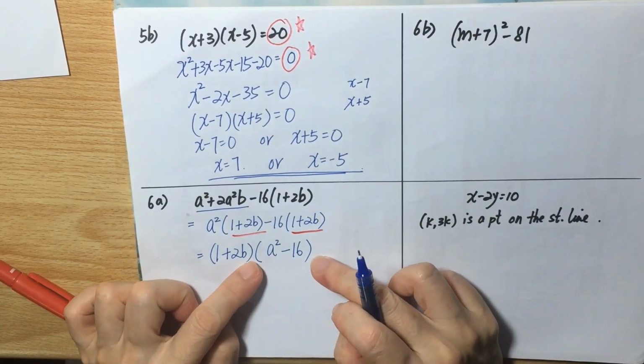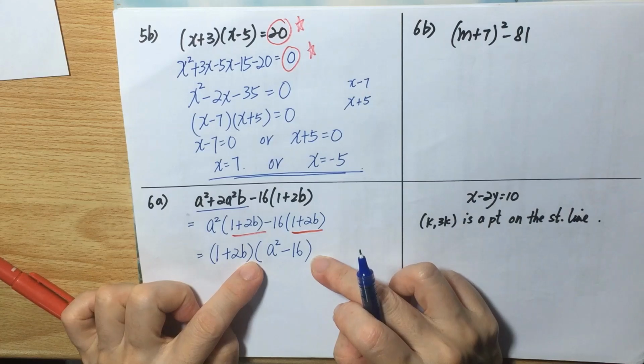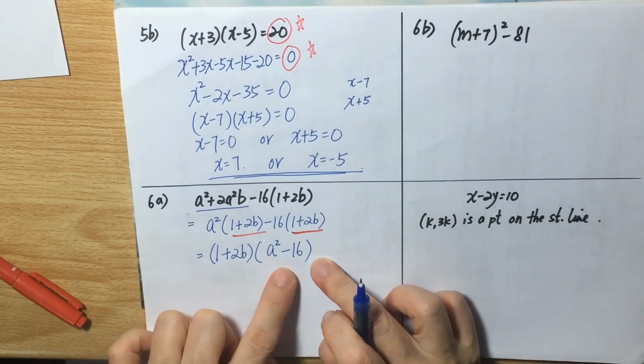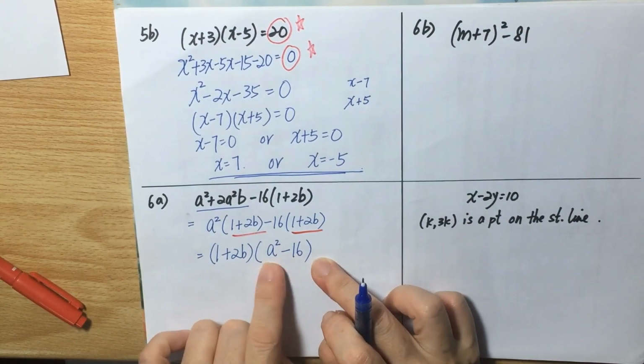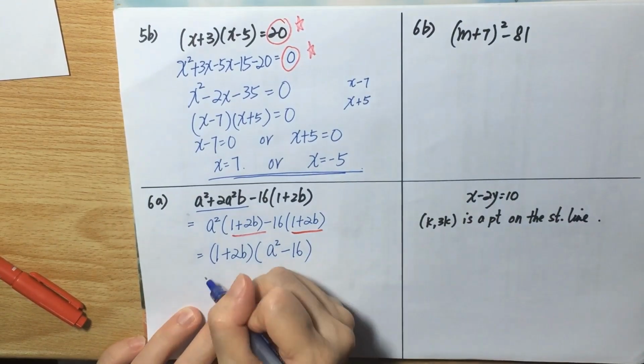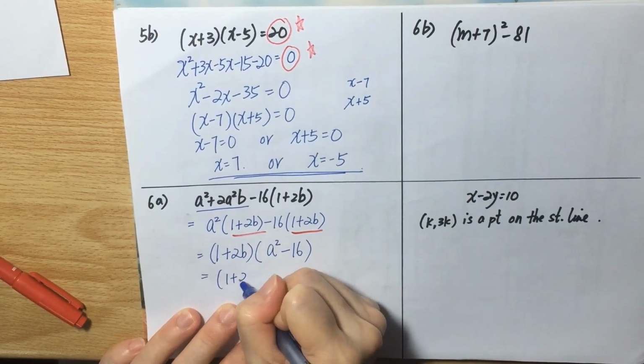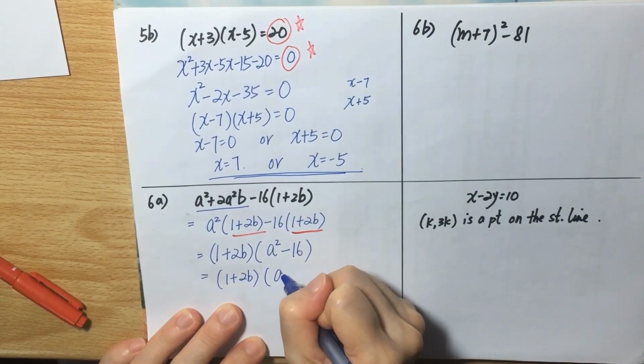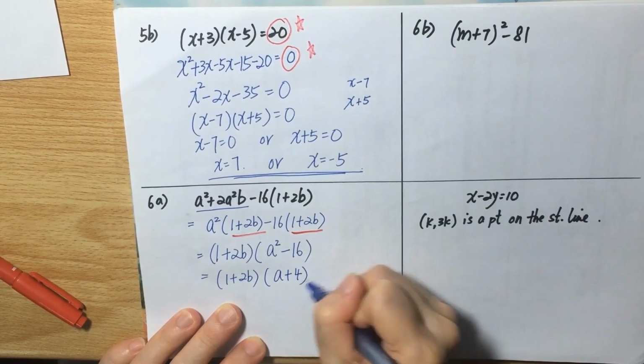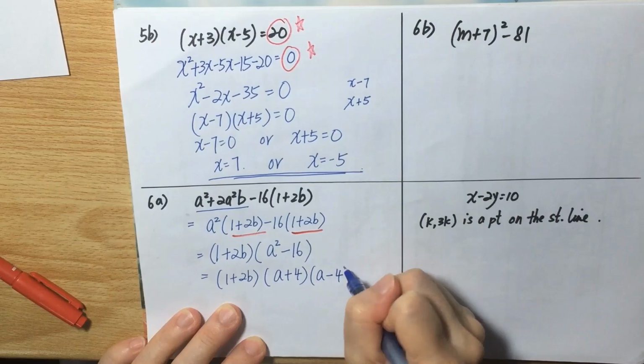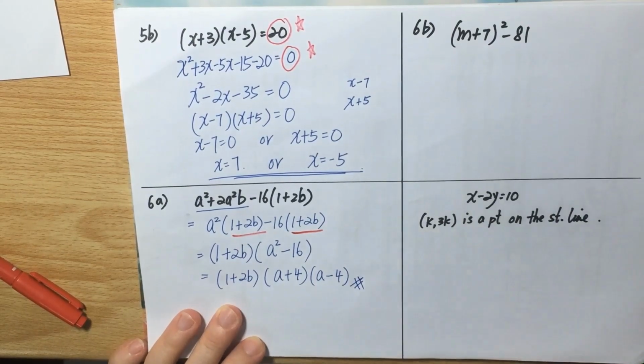We don't stop here, because this factorization is not complete yet. This one can further be factorized, although this one cannot. So the second bracket can be further factorized to be a plus 4 times a minus 4. So this is then complete.